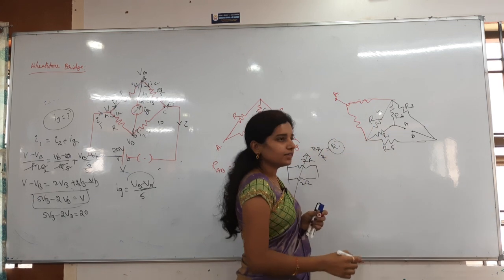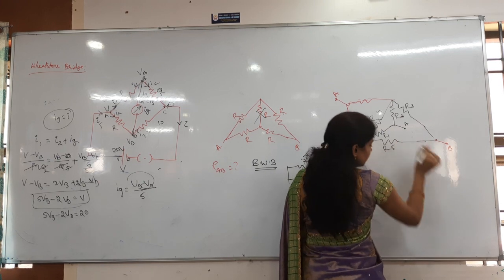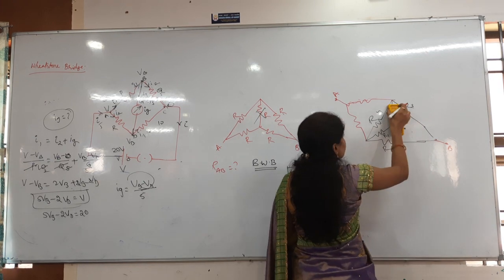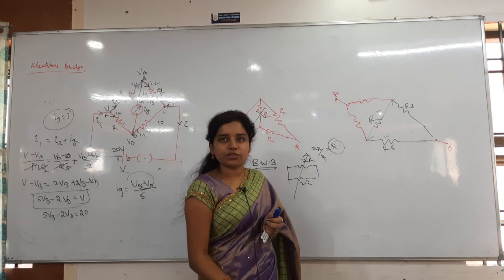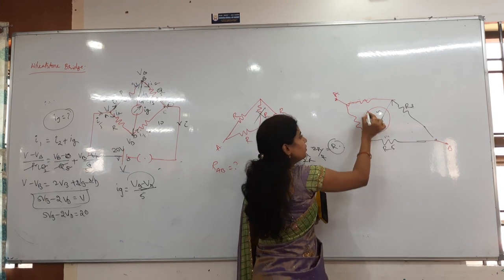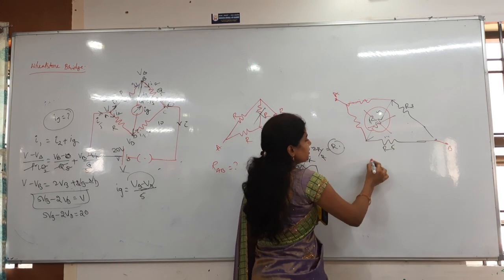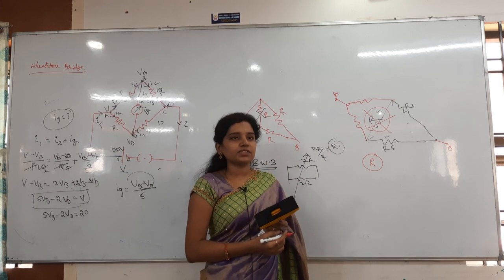Correct? Then B will come here, and now this has gone in the middle. Now this is a Wheatstone bridge only, of course. So which should be removed here? R4 has to be removed so that I can get again what is the answer here? R only. Clear? Have you drawn the first diagram first?